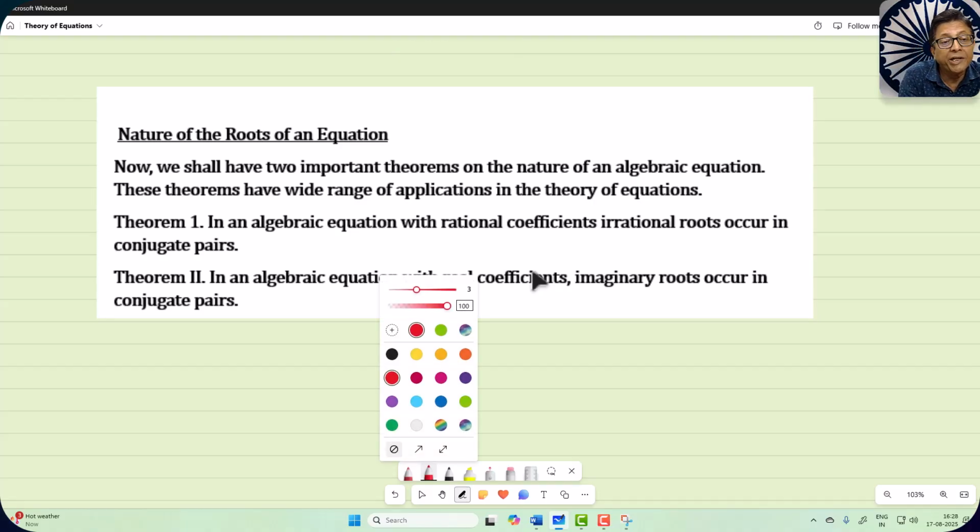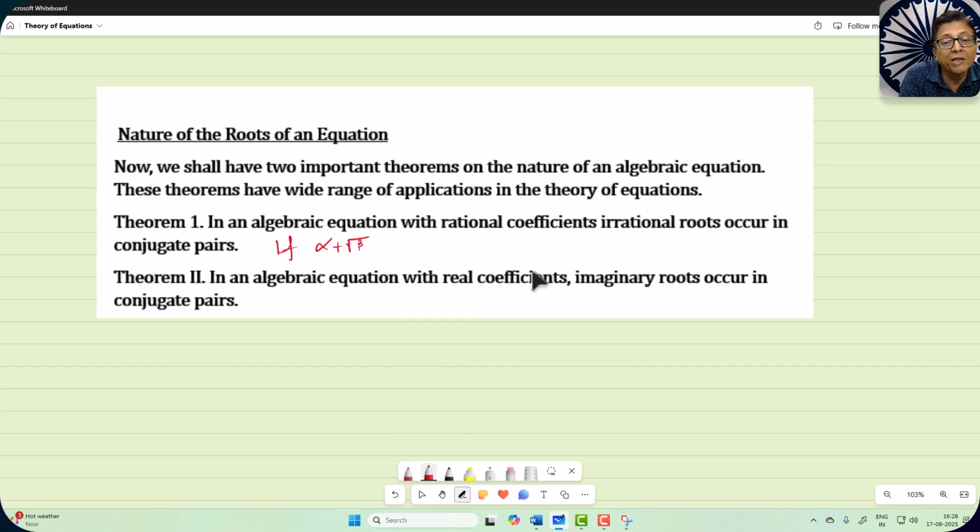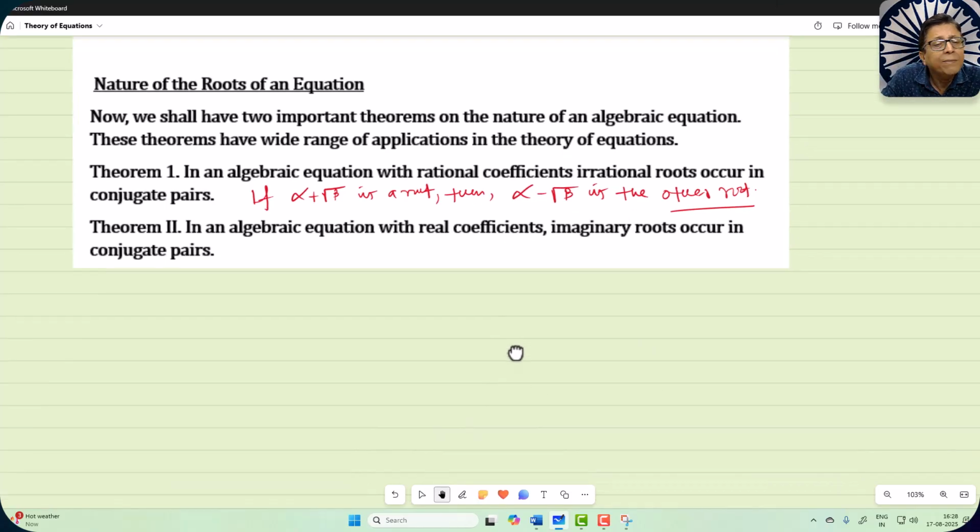If α + √β is a root, then α − √β is the other root. As you have done polynomials, comparison, factor theorem, remainder theorem, everything is done. I will give you the proof of one only. You read the second theorem.